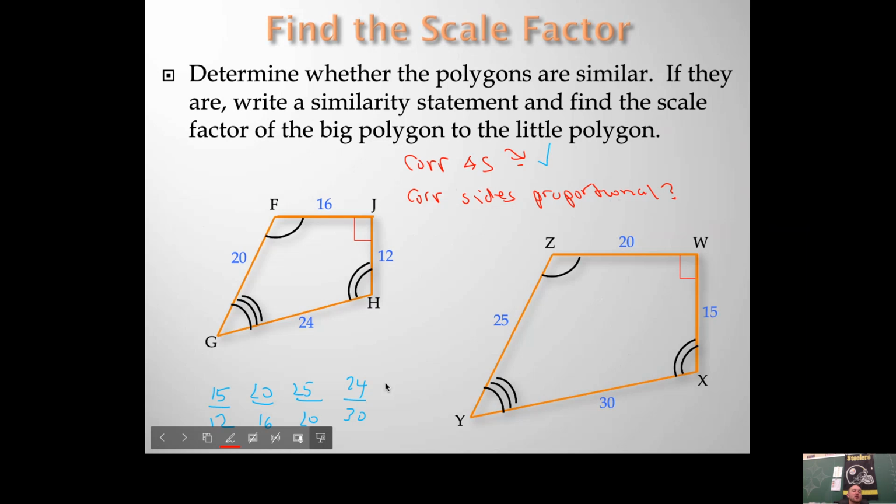You need to check these ratios and see if they're all the same. 15 to 12, 3 goes into both. 20 to 16, 4 goes into both. 25 to 20, 5 goes into both. 24 to 30.